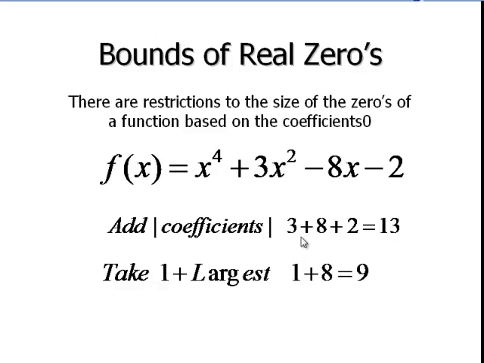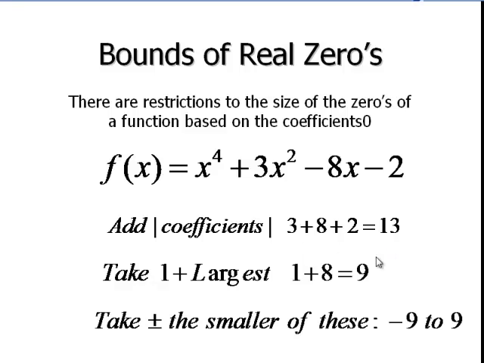You could also take 1 plus the largest, which is 9. So those are your bounds, okay? And then you look at those numbers, it's either 13 or 9, and whichever one is smaller, that's the most restrictive. So 9, positive 9 to negative 9, that's where your answers can possibly come out.